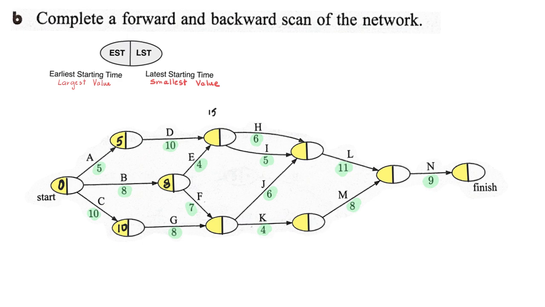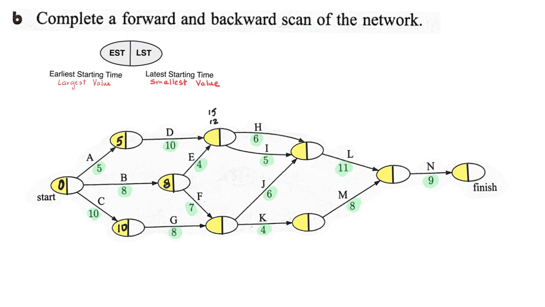And I'll just note it up above. Whereas if task E is done, then it will be 4 minutes on top of 8 minutes, which means that it'll be done in 12 minutes.